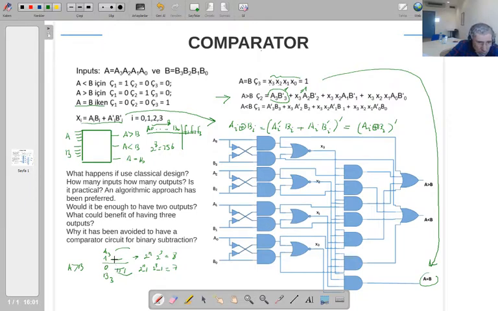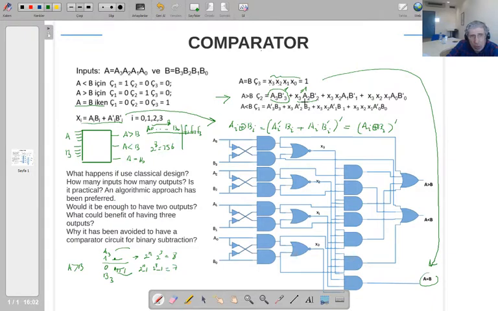That means this next bit, I'm going to compare. If that is 1 and that is 0, so that means most significant bits are the same, A2 bit is 1, B2 bit is 0. So that's going to be 1. When the most significant bits are the same, I am going to use this term now to say that A is bigger than B. So that is the alternative case for A bigger than B.